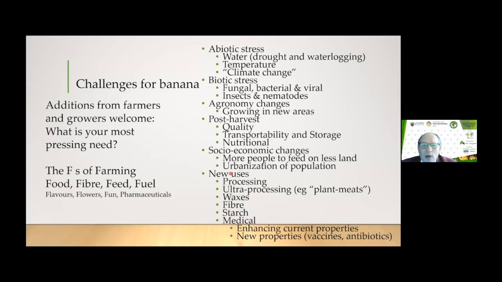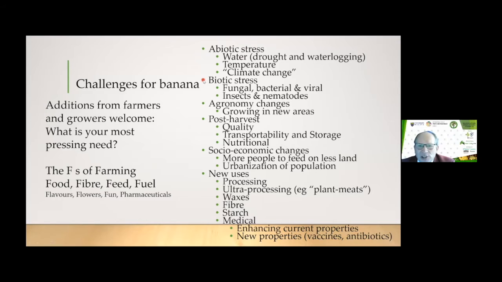I want to show on the right-hand side then some of the big challenges that we have. And of course, in the breakout rooms this morning, we've been talking about abiotic stress, whether that's water, temperature, wind, climate change was mentioned in one of the sessions. And then, of course, the critical biotic stresses.